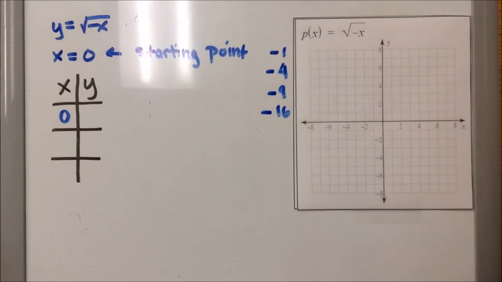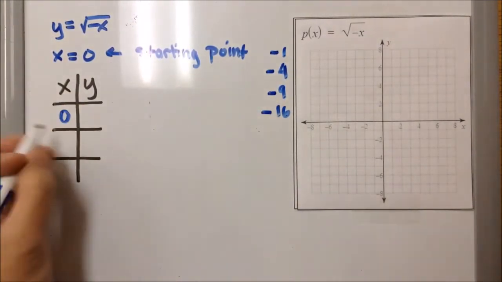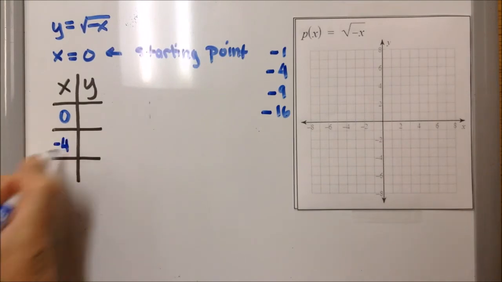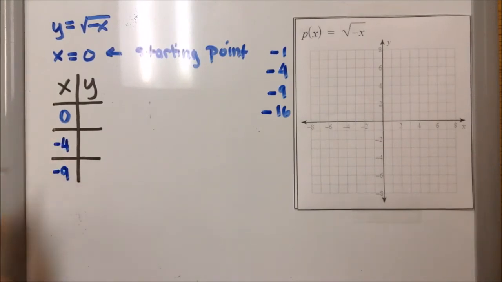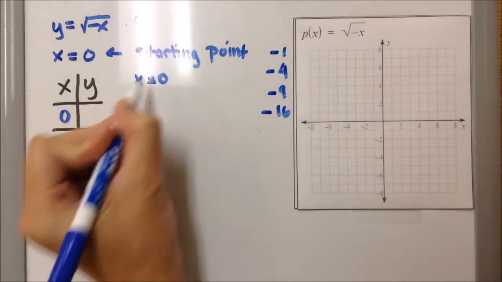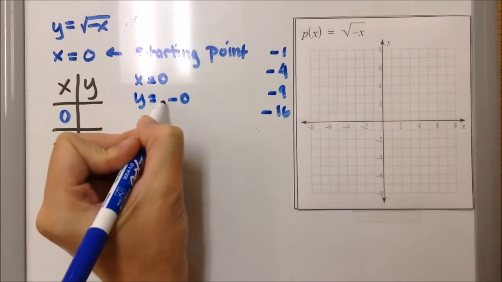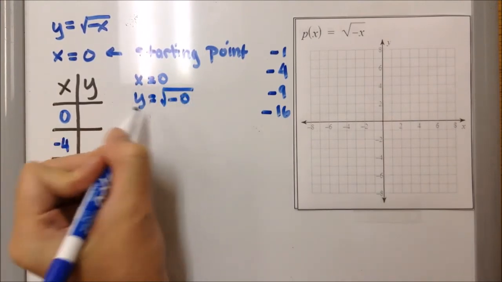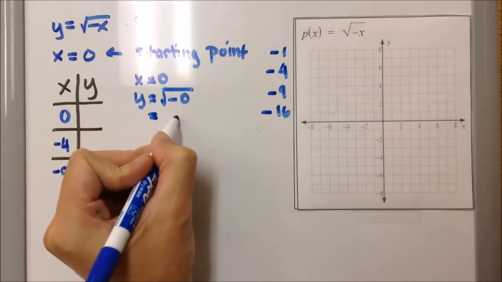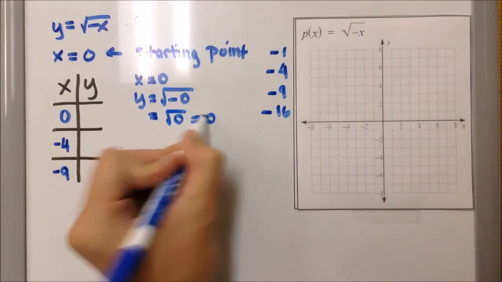So say, instead of negative 1, I choose negative 4 and negative 9. Alright, so first one, x equals 0. So negative 0 inside the square root, and again, negative 0 is just 0, and the square root of it is just 0.